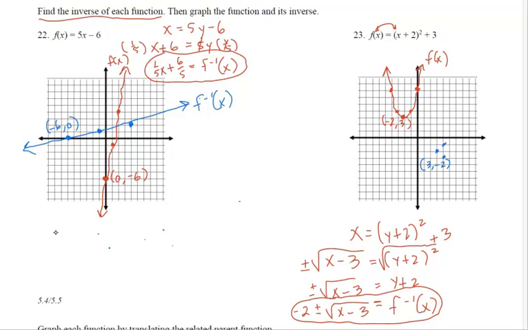This y-intercept is 1, 2, 3, 4, 5, 6, 7, 0, 7. So we'll do 7, 0. And then this one matches it. And this is labeled as the inverse. So make sure you label on your test, just like I've done here. And there's all your answer.